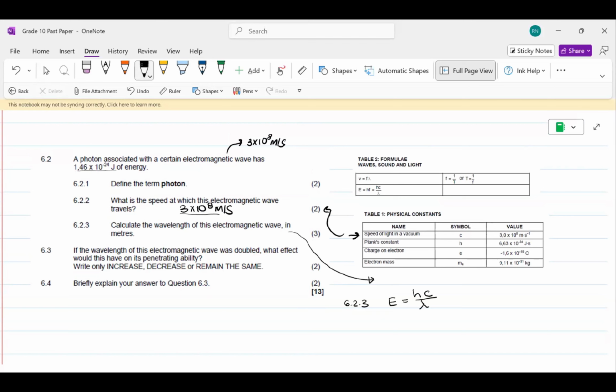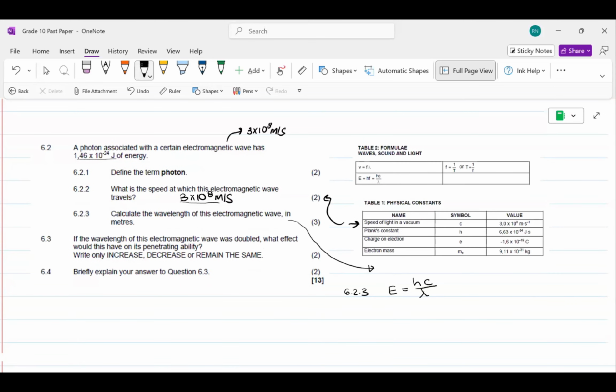Now, to get this wavelength, you can move some stuff around. So multiply both sides by the wavelength and then divide both sides by the energy. But eventually you just have wavelength equals Planck's constant multiplied by speed over the energy.